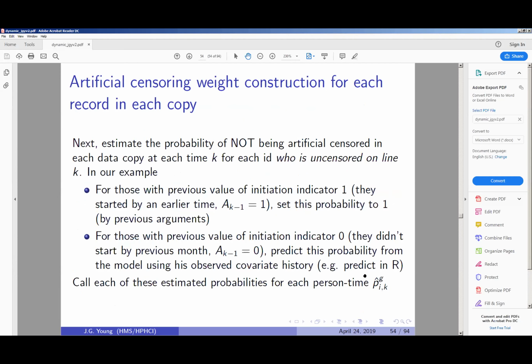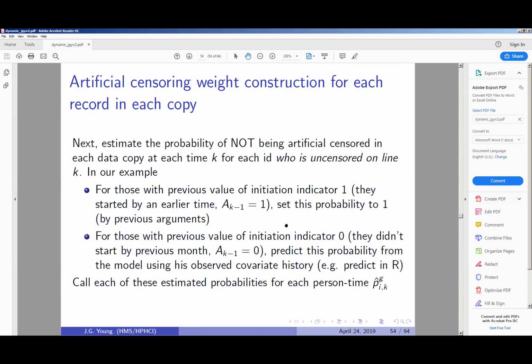In our example, for those with a previous value of the initiation indicator equal to 1, these are the examples where the probability of being uncensored is 1. Then I'm just going to set the probability to 1. This is the case where I have deterministic knowledge and I don't need to use the model.